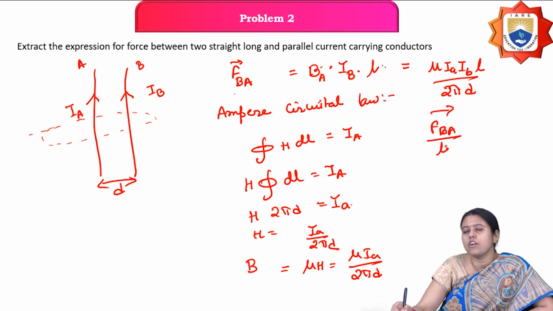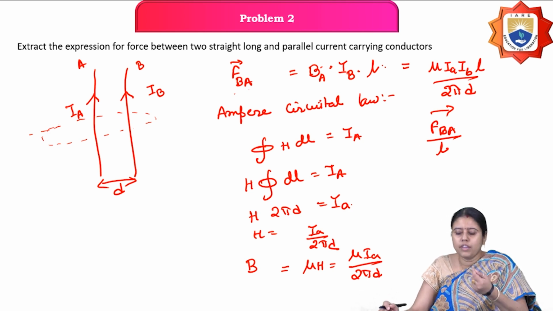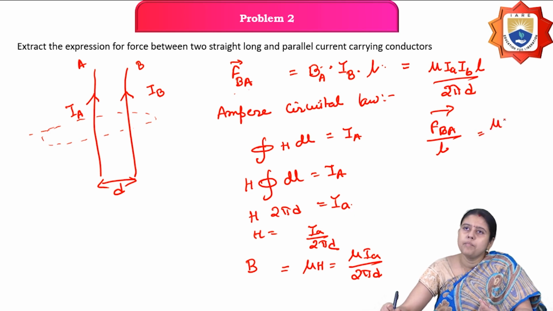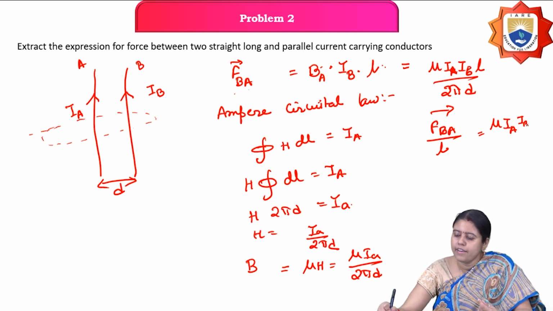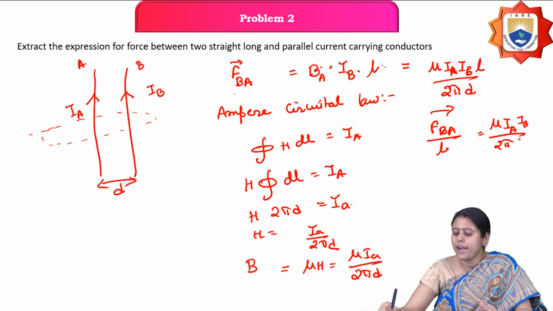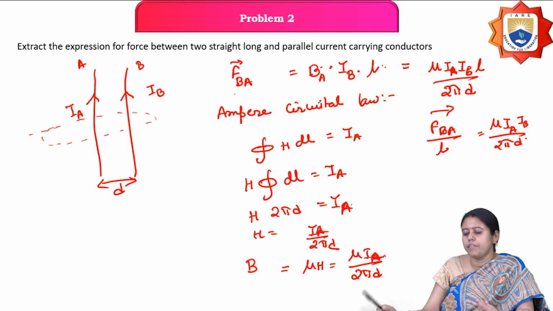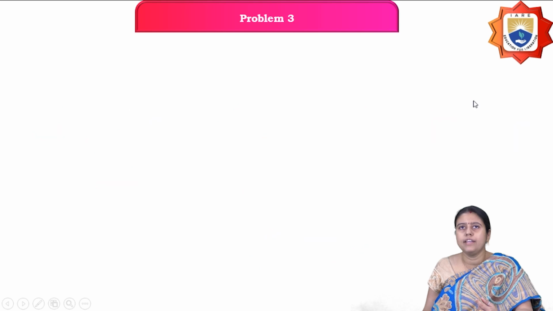As this is a long conductor, we cannot measure the actual length, so we write FBA by L, which is mu IA IB by 2 pi d.